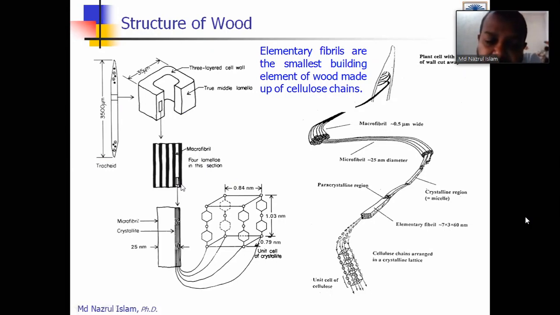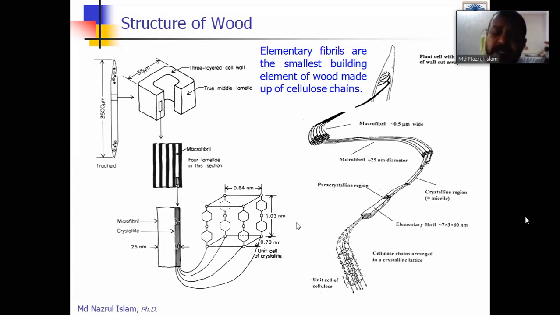Even if we get the cross section of that, you will see there is microfibril and some part is crystalline. And if we go to the crystalline section, you will see there is a glucose unit, and that glucose unit is connected. So that is actually the cellulose chain. Now we can say glucose makes the microfibril, that microfibril makes the macrofibril, and macrofibril makes the lamella.